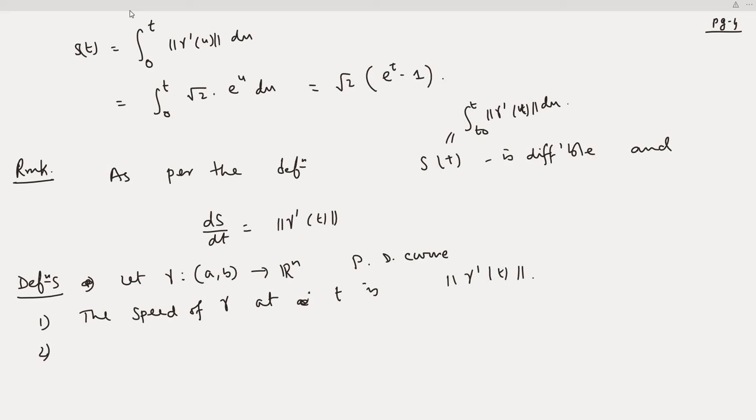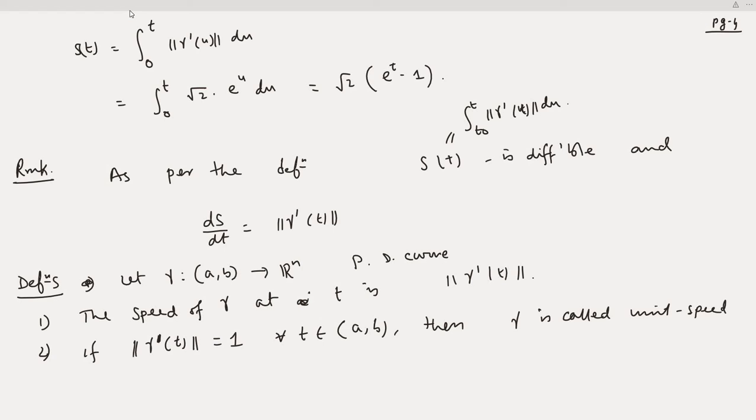Second, if the length of gamma prime of t, that is, the speed of gamma, is equal to 1 for all t in the domain, then gamma is called a unit speed curve.